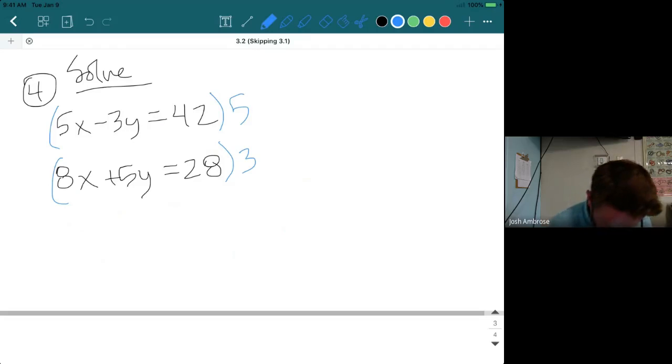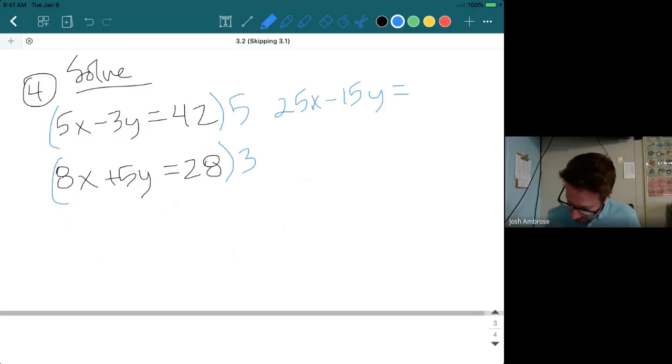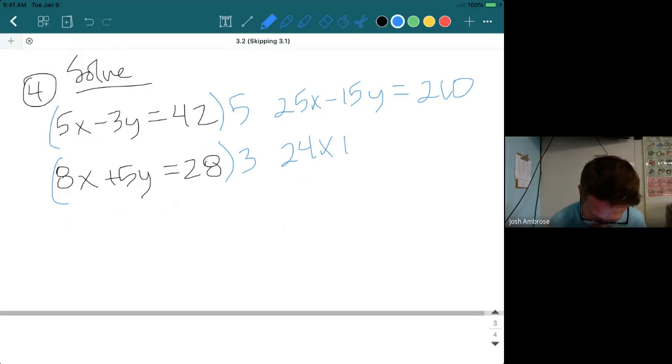All right, so we're going to have a 25x minus 15y equals a, let's see, 210. And then on this side, we're going to have a 24x plus 15y equals, let's see, 28 times 3 is 84.